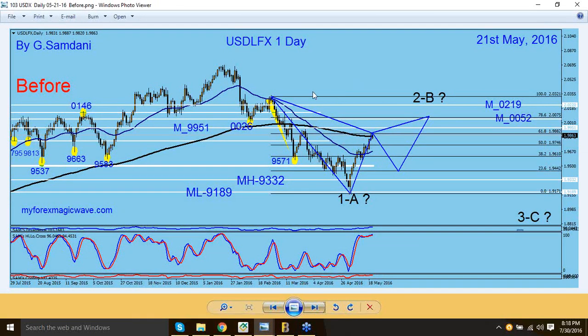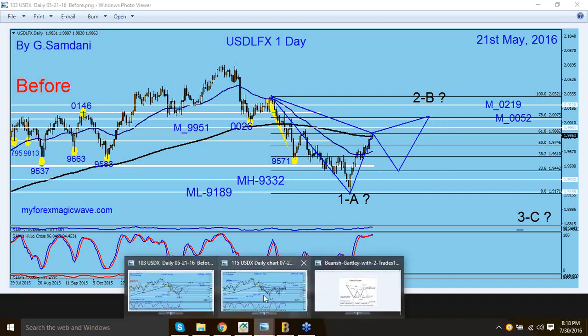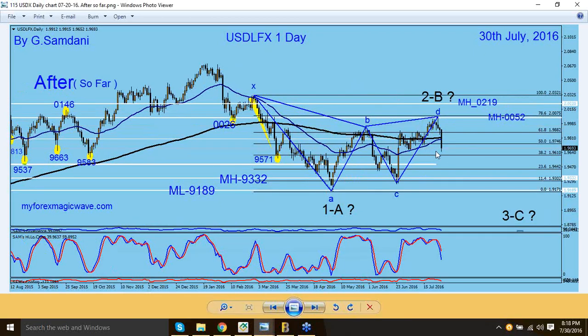So now let's see what happened to this chart of mine and how the market reacted after this chart. This is my final chart as of today, Saturday, July 30th. So from point B, we'll drop here.